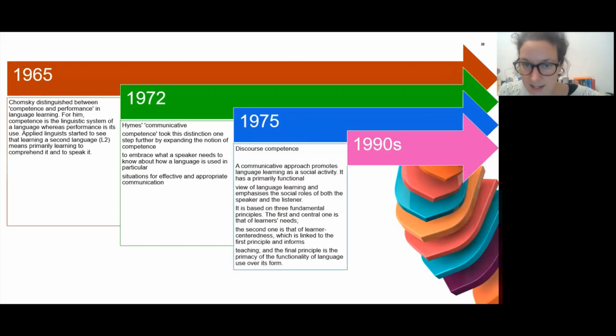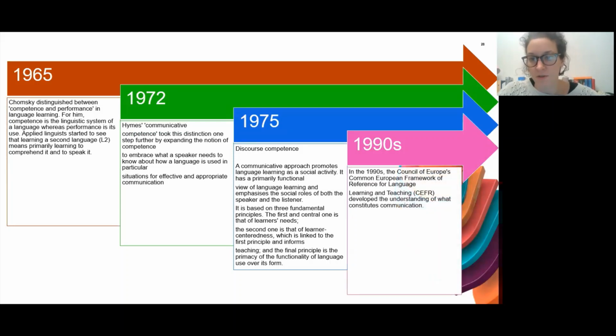Then in 1975, scientists started talking about discourse competence and the communicative approach started promoting language learning as a social activity. Yeah, so communicative competence became the fundamental competence that we develop among our students.